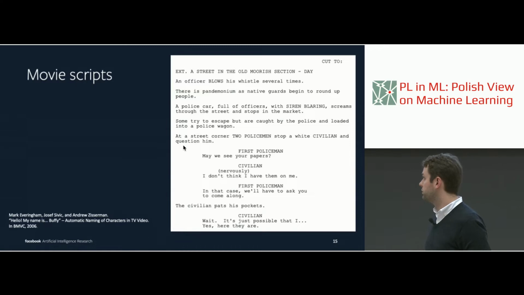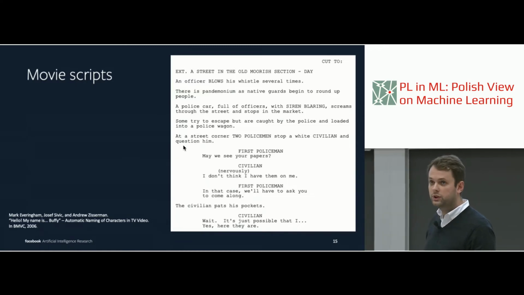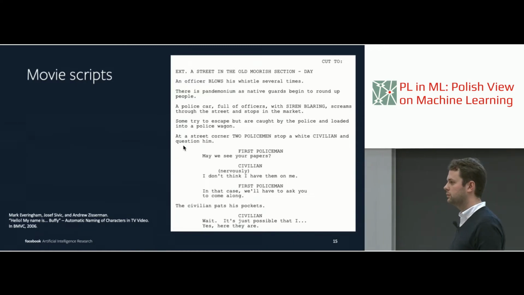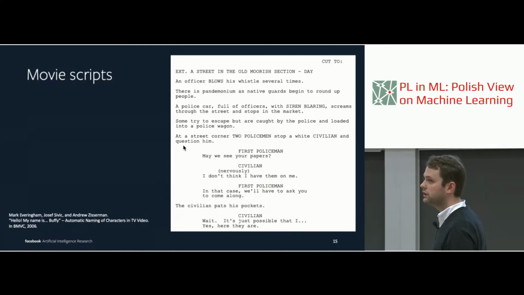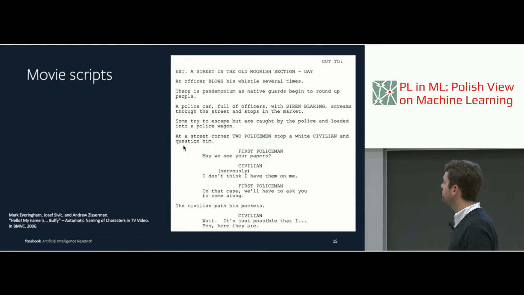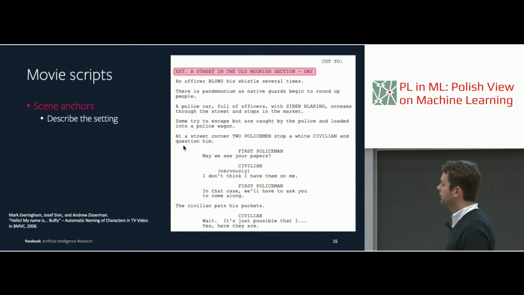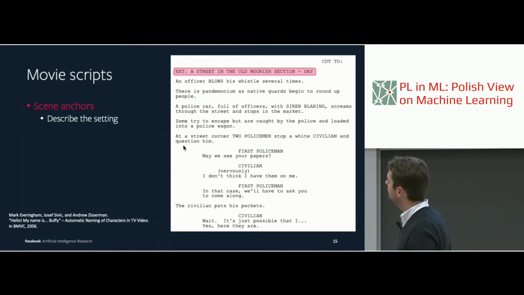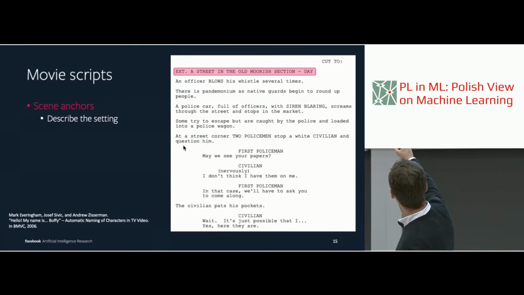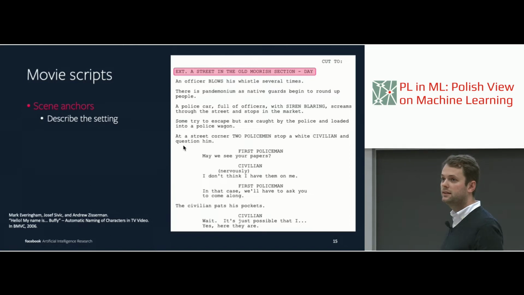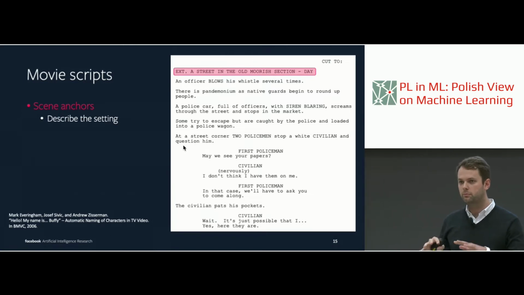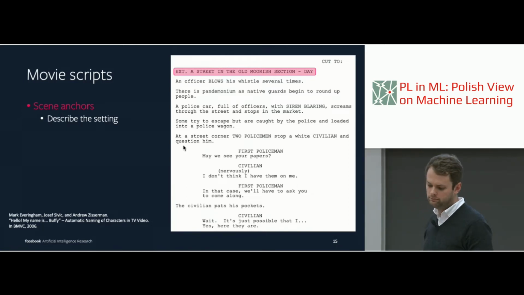In our case, we wanted to work with movies, so we decided to look at movie scripts. So movie scripts are pieces of text like that, meant for shooting the movie, and they are composed of 3 elements. Scene anchors. Do you see the red thing here? Okay, scene anchors, describing the setting, which basically says where the scene is taking place, and it's the beginning of a new scene.